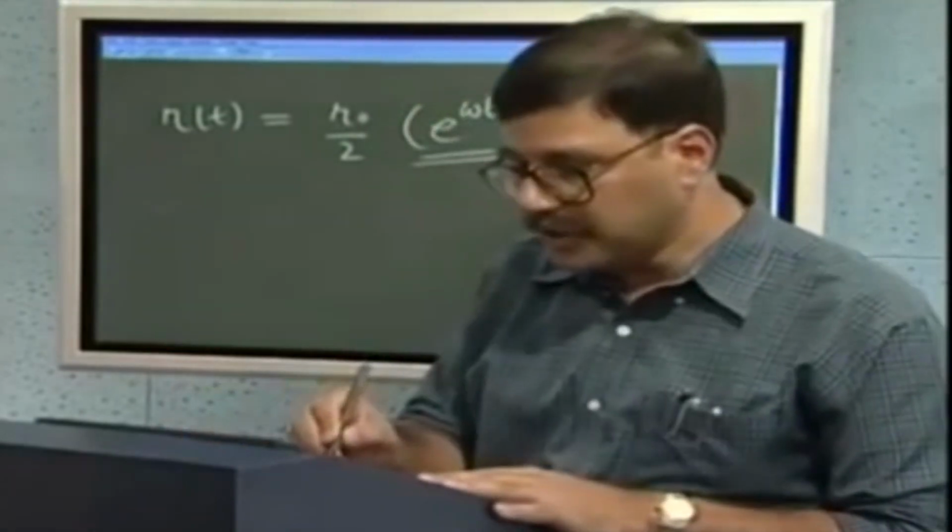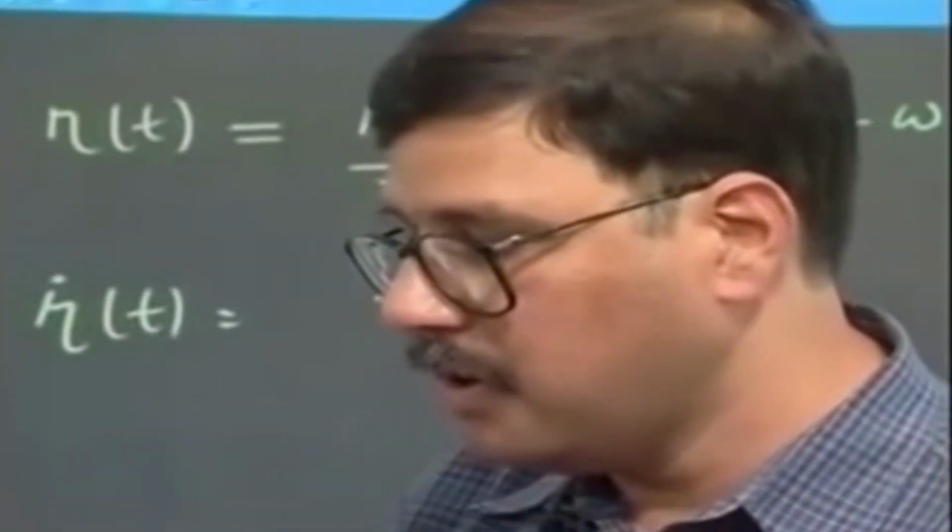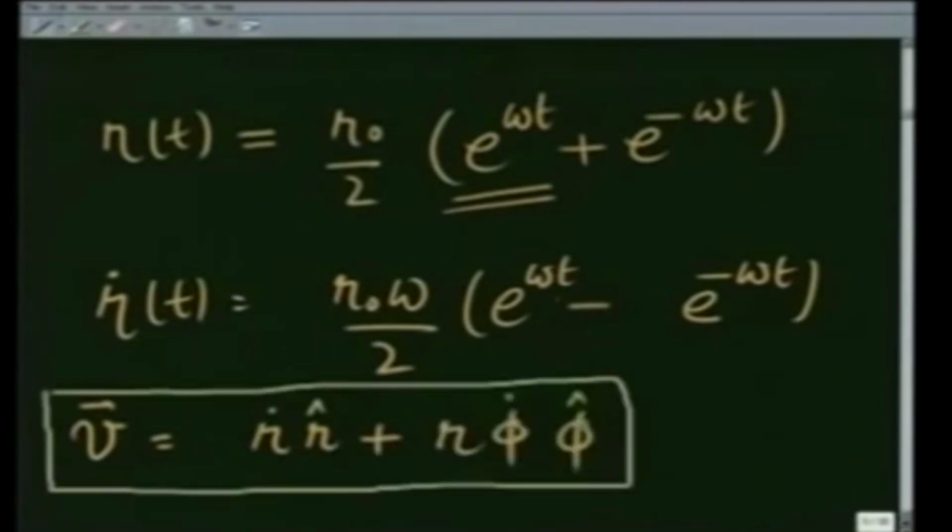How about the velocity in the radial direction? It is going to be equal to r0 omega divided by 2 times e raised to omega t minus e raised to minus omega t. The general velocity v is going to be r dot in the r direction plus r phi dot in the phi direction, and you can substitute the values and find the general velocity.